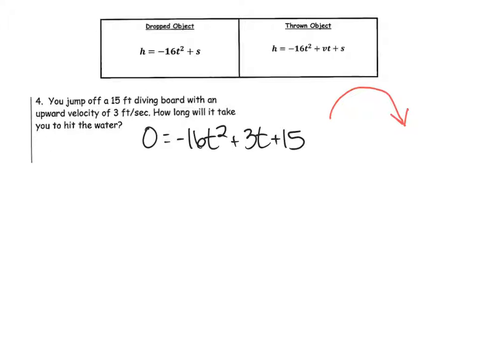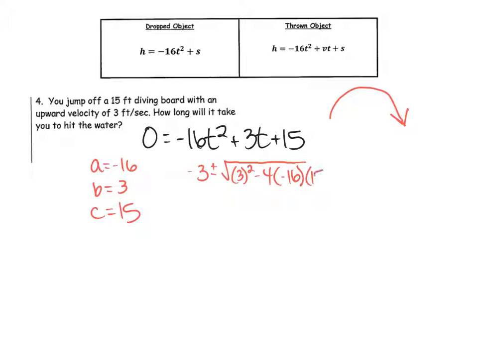Quadratic formula is honestly the best way to do it. A equals negative 16. B equals 3. C equals 15. All right, here we go. X equals negative 3 plus or minus the square root of 3 squared minus 4 times negative 16 times 15, all over 2 times negative 16.